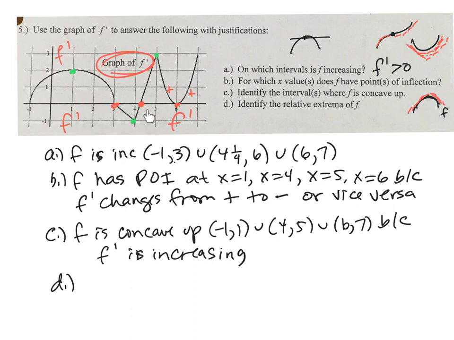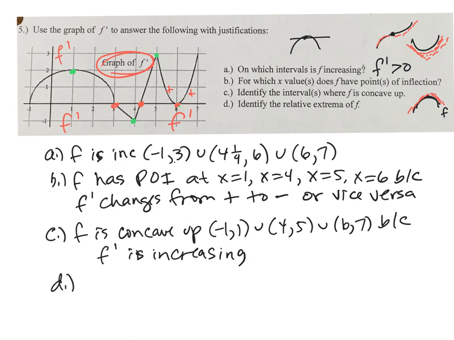So that would be here. Oops, I meant to say we have a max right here because here f prime is positive and then it changes to negative. And then this is a relative min because f prime changes from negative to positive.